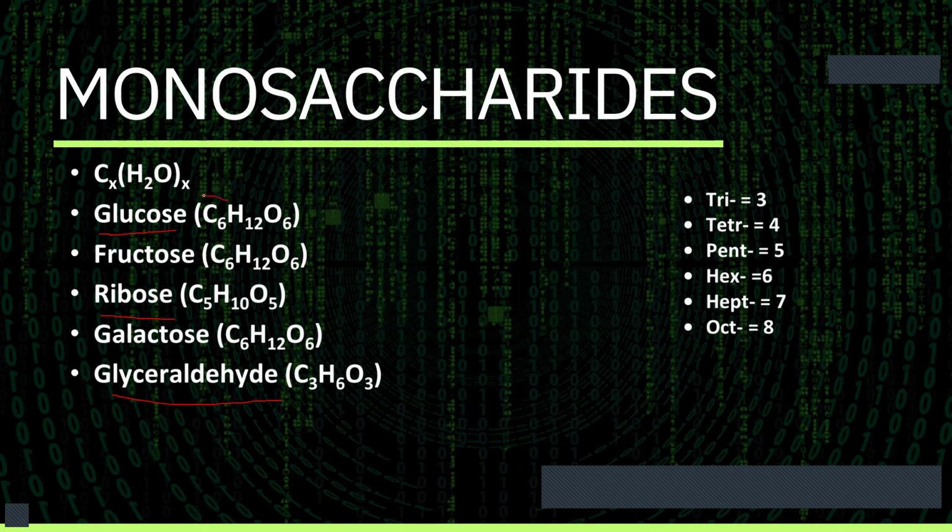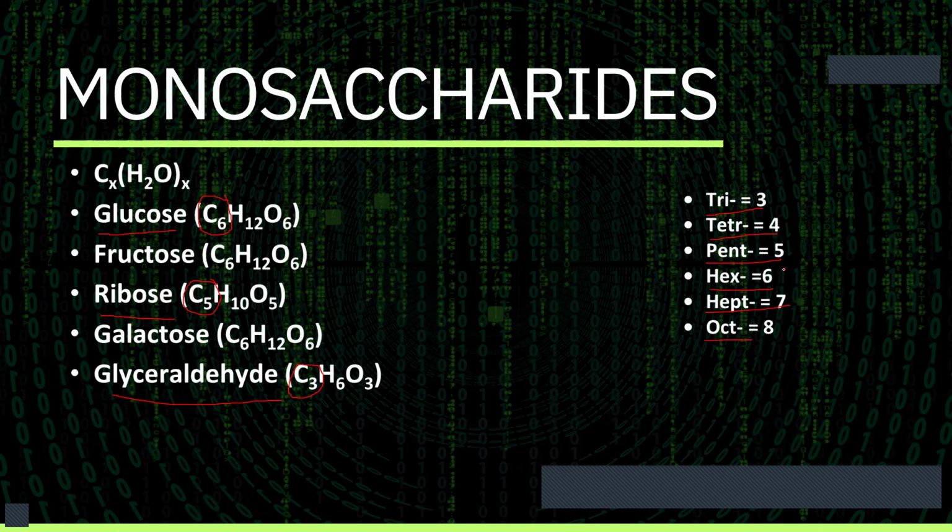Now, if you look at the formula for glucose, it has six carbons. Ribose has five, and glyceraldehyde has three carbons. Now, these are all monosaccharides, and we have a terminology that we can use for that. We can indicate the number of carbons that are in a monosaccharide using prefixes like tri, tetra, penta, hex, hepta, octa.